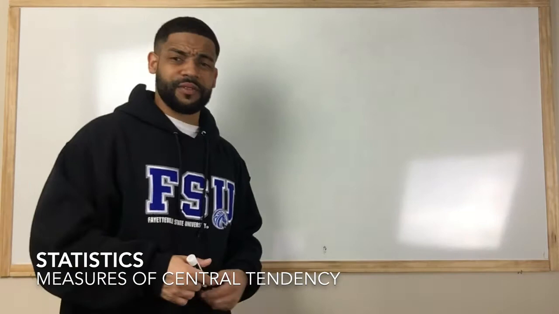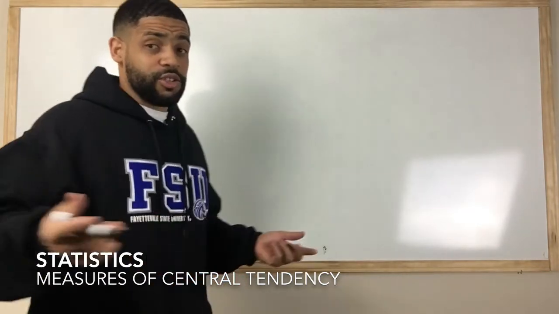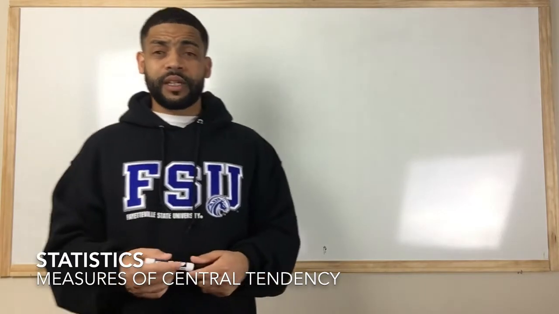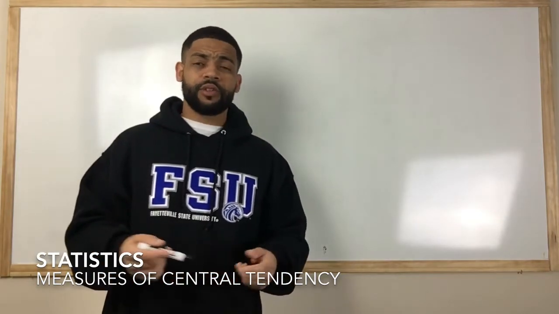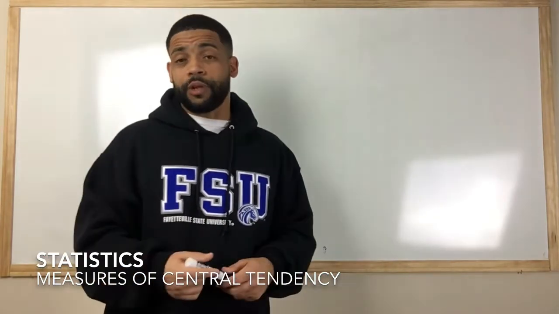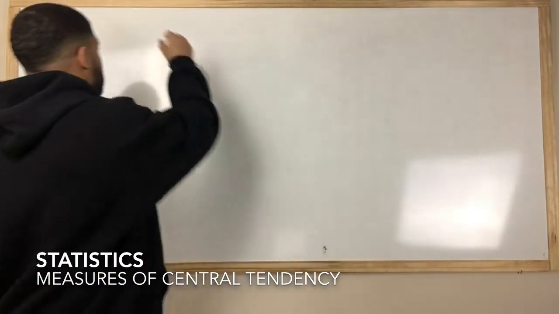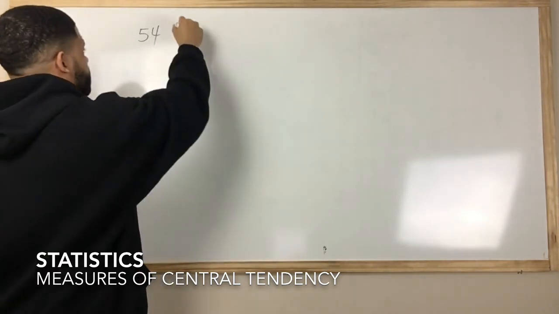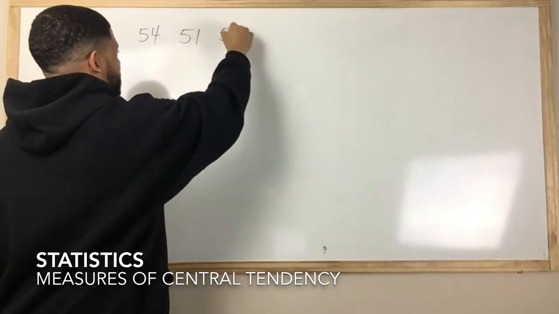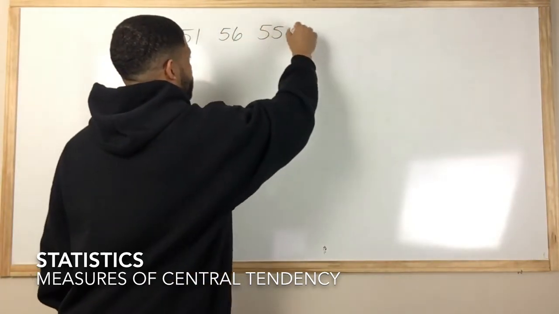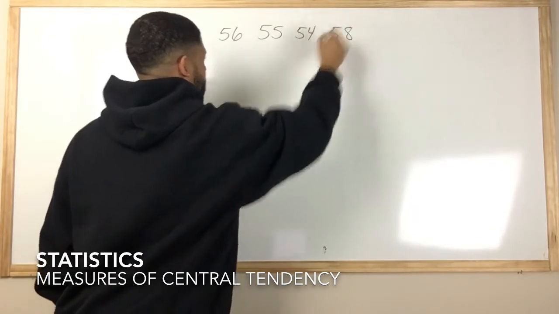We have this set of data, and once again you can collect the data however you want. Sometimes the data is collected from surveys. In many cases, depending on the level of mathematics you're doing, the data set is given to you already. So we have 54, 51, 56, 55, 54, and 58.